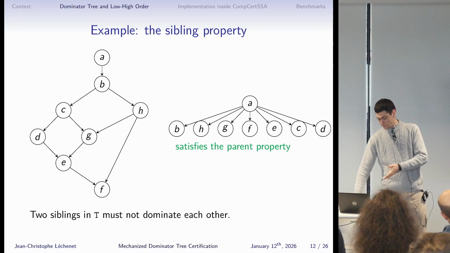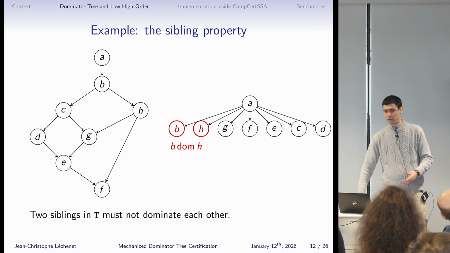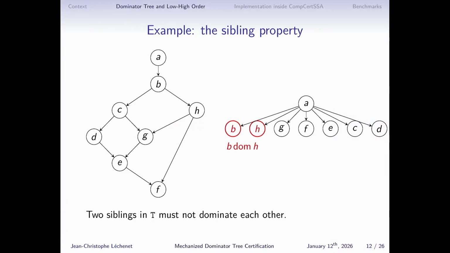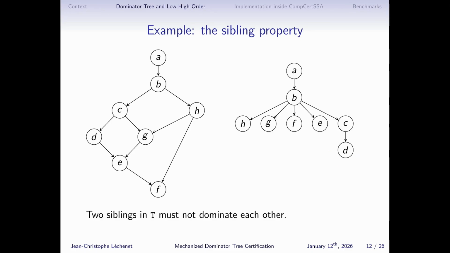If we want to check the sibling property, here for instance B and H are siblings, while B dominates H. So clearly this tree does not satisfy the sibling property. We can try to move B up, but we still have C and D that are siblings, while C dominates D. The correct one indeed satisfies the sibling property.